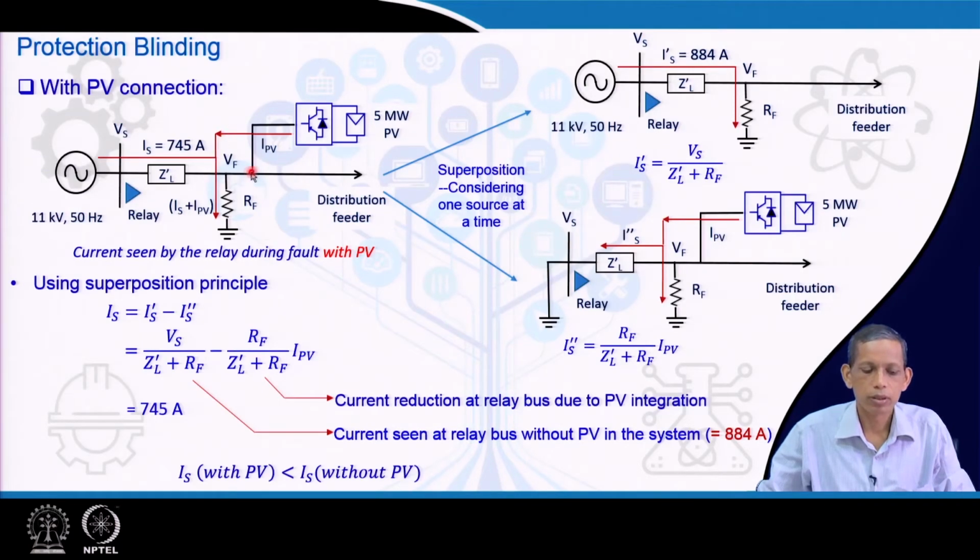Now, we include in the system a PV connected just beyond the fault position. Let us say this PV has a capacity of 5 megawatt.